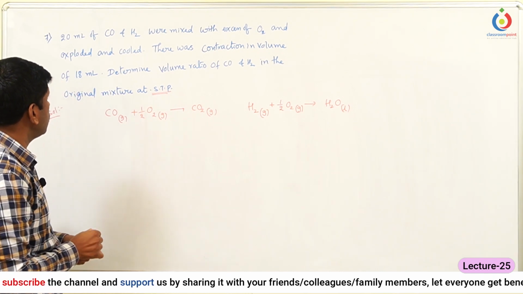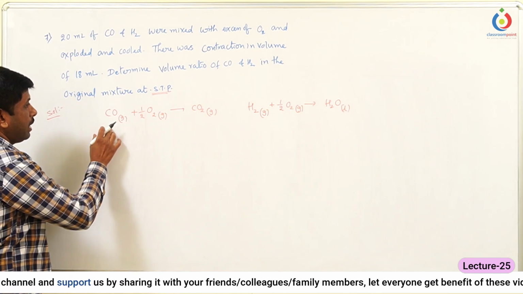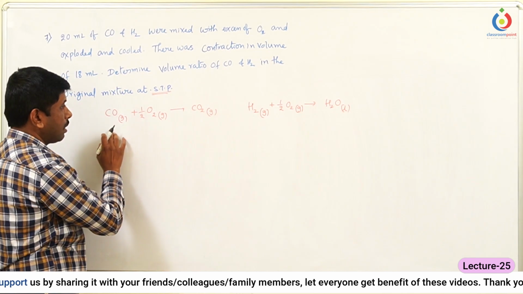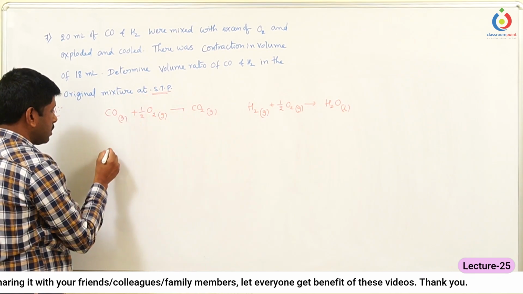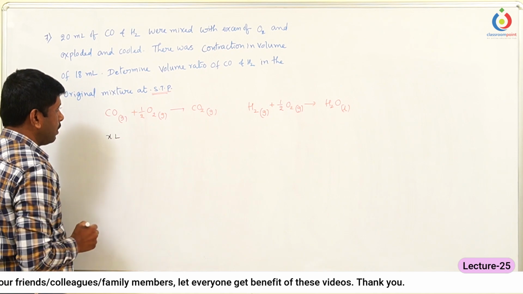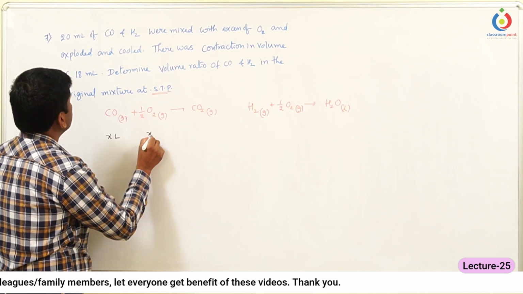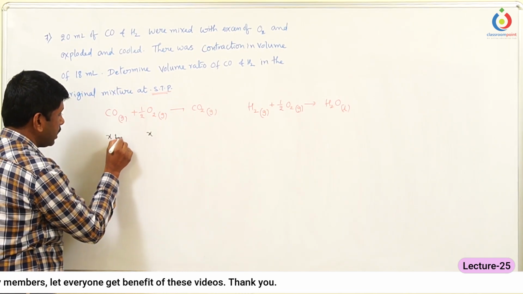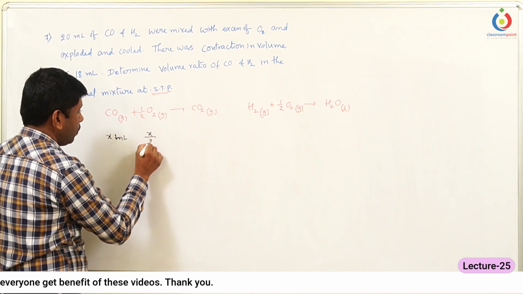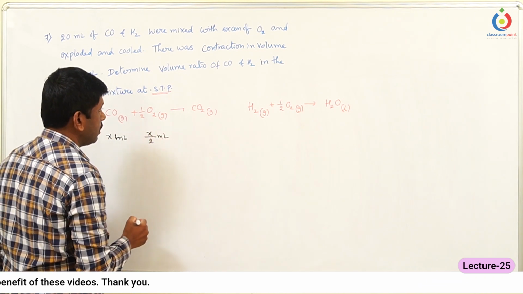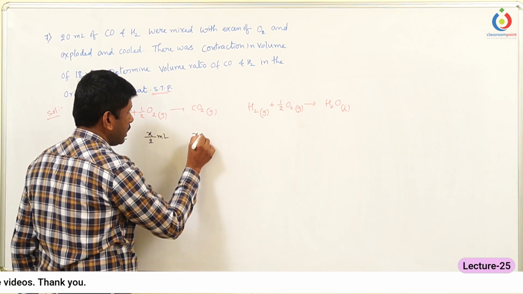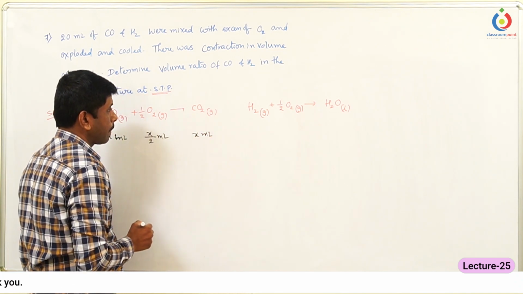So now let us see here. As we don't know the individual volumes of carbon monoxide and H2, let us consider X ml of carbon monoxide, since they are mentioned in mL, reacts with X by 2 ml of oxygen and produces X ml of CO2.